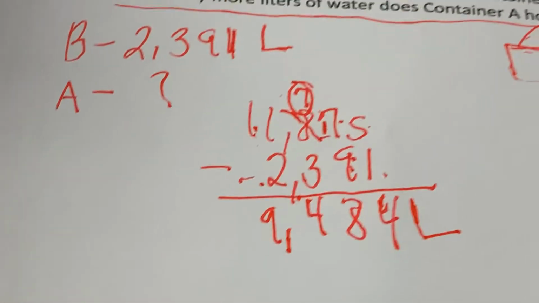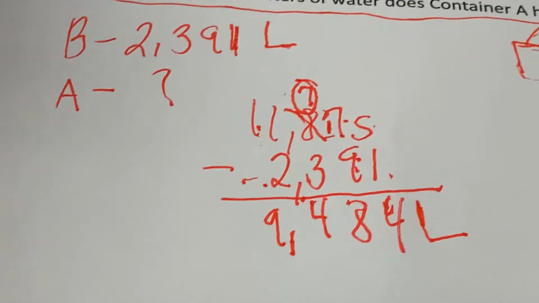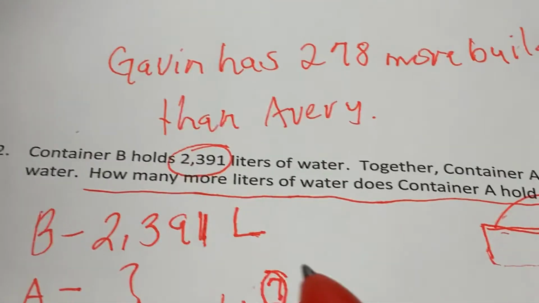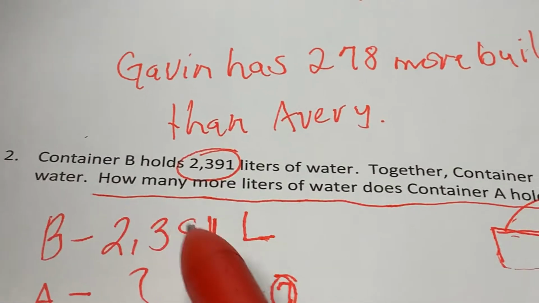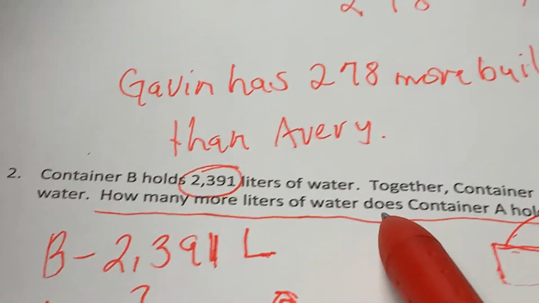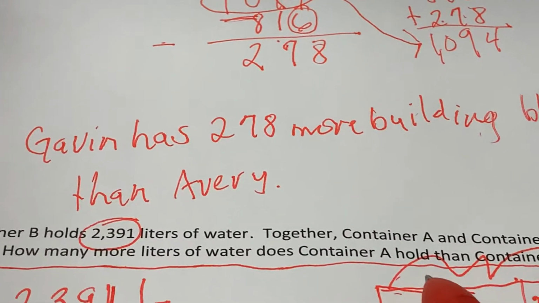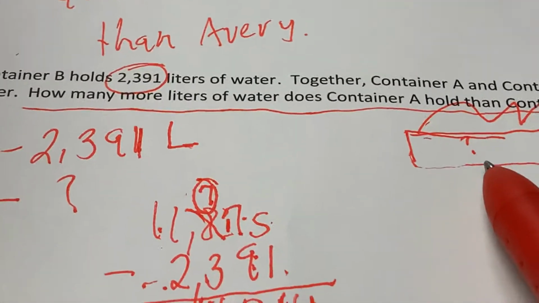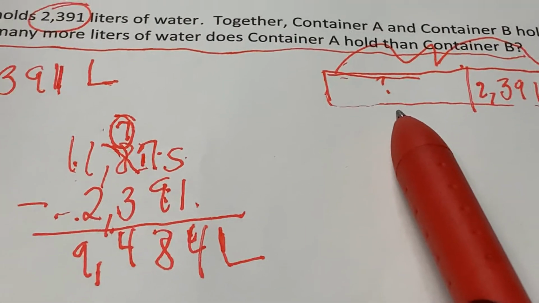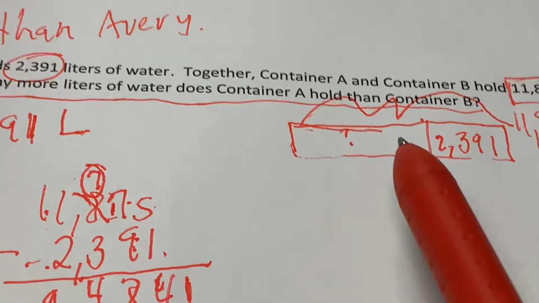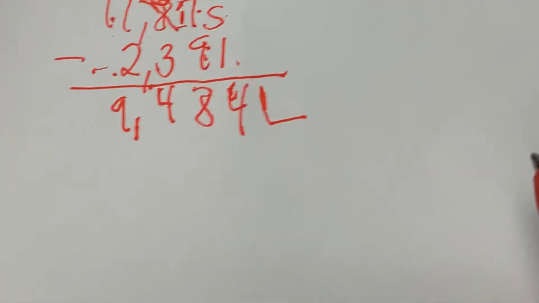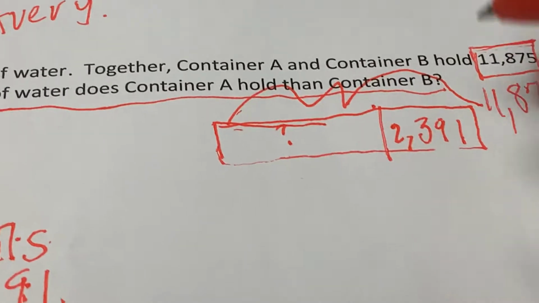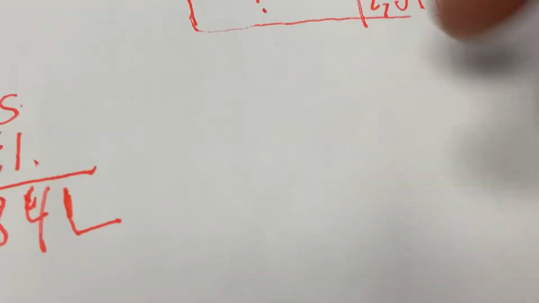Now, this total that I get, 9,484, that is not my answer because my question asks how many more liters of water does container A hold than container B? Well, I had to figure out what A was before I could even start and solve this problem. So it tells me that A is this 9,484.